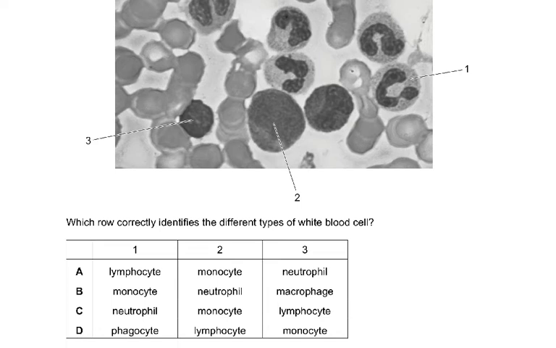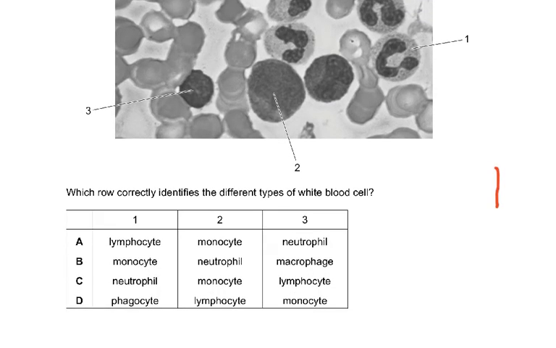So the answer is C. What we have to understand is that one has to be the neutrophil, two is the monocyte, and three is the lymphocyte. Basically, the sizes are helping you to really figure this out.